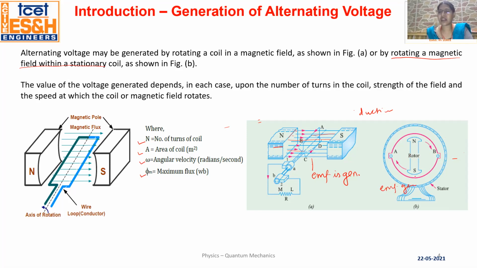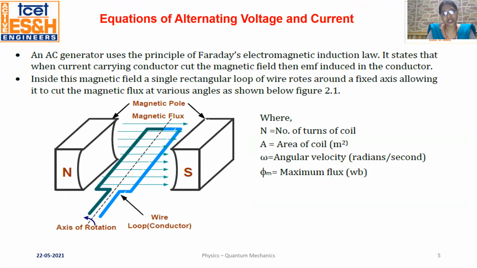So as per Faraday's law of electromagnetic induction, the alternating current waveform is generated when you rotate a coil in a stationary magnetic field, or you rotate your magnets in a stationary coil. So this is the generation of alternating voltage.